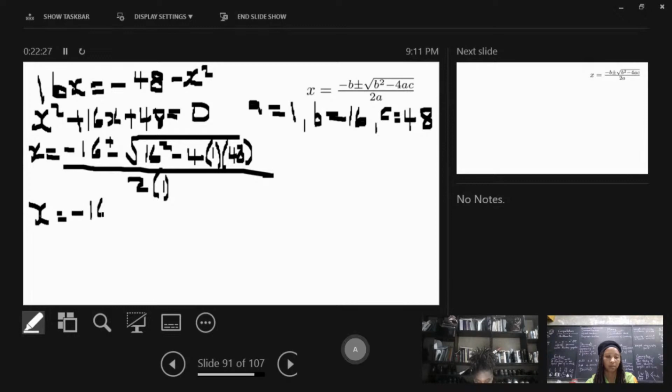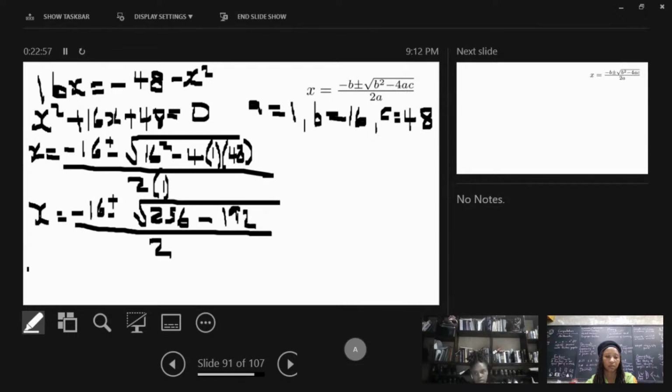So x is equal to negative 16 plus or minus the square root of 256 minus 4 times 1 times 48, work them out, 192, over 2, 64.